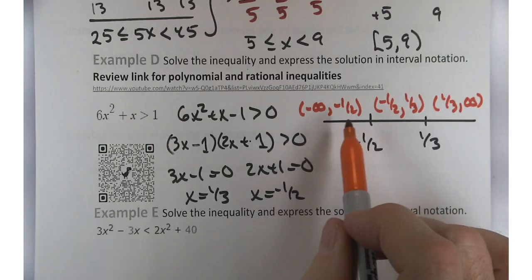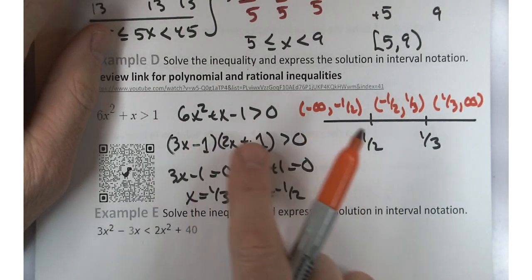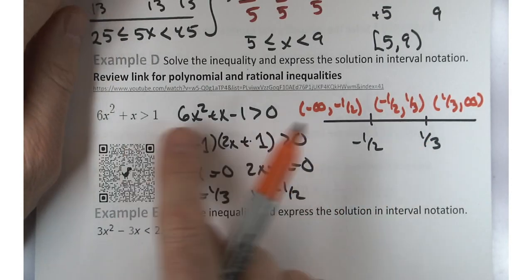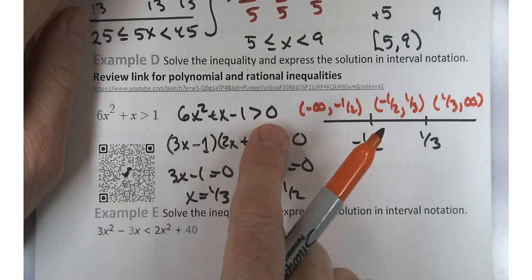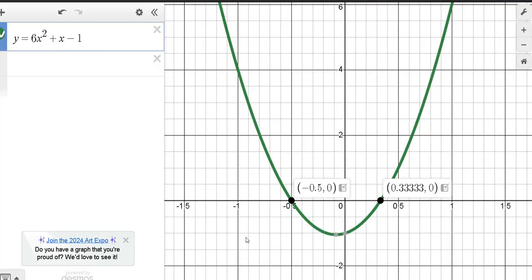We want to choose the interval so that the values of x, when we plug them in there, make this expression positive. And the way we're going to do that is we're going to test some points. Now, spoiler alert, we're going to look at this and figure it out right away without even testing any points. To the left of -1/2, is this graph positive or negative?